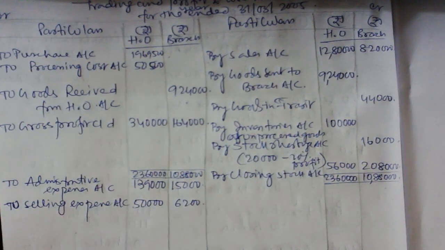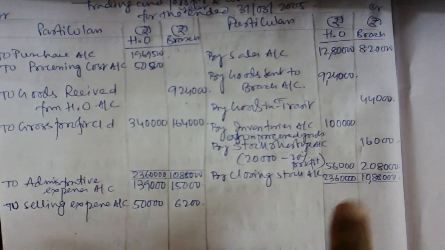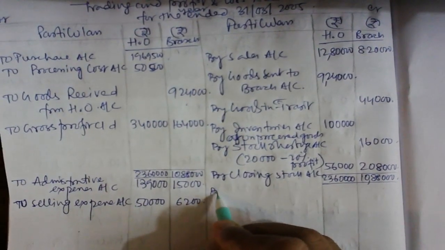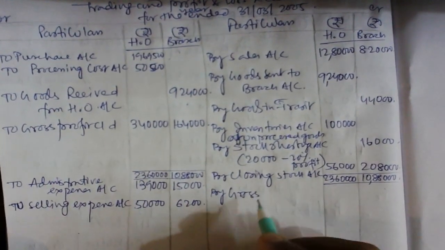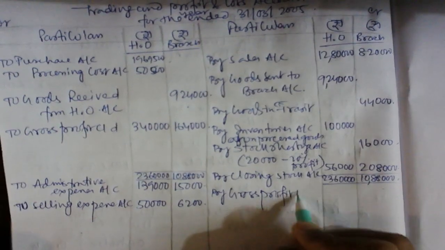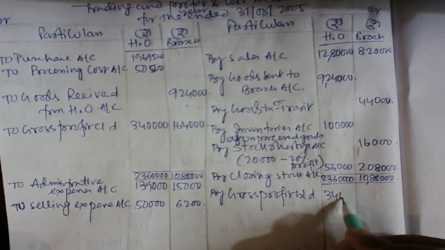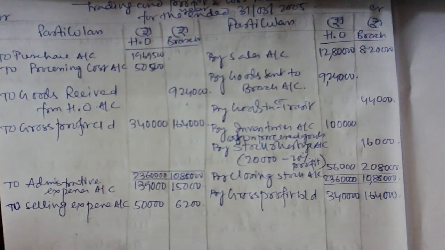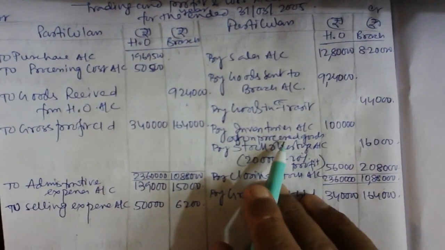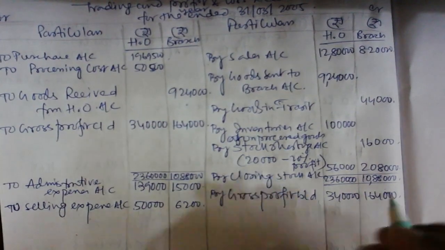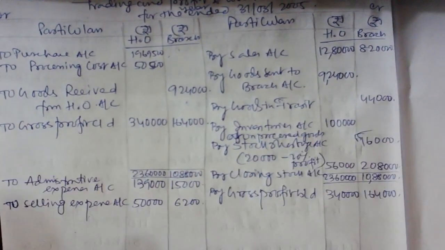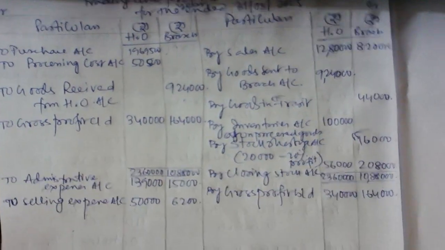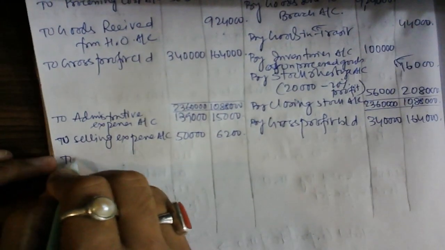Now see, this is the closing stock, and the gross profit is going to come down here by 3,40,000 and 1,64,000. One more thing: this stock shortage is nothing but the total loss, which is also to be transferred to the P&L account.